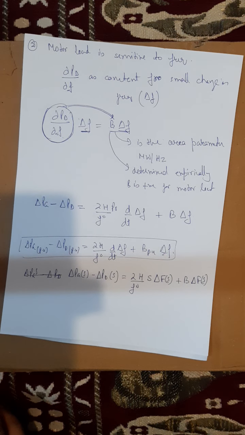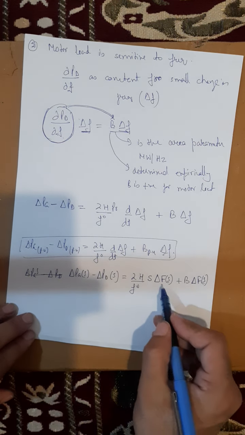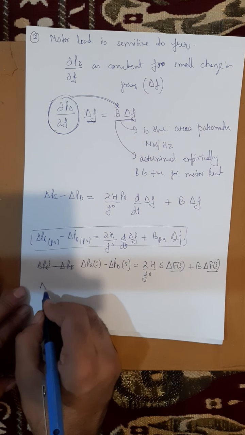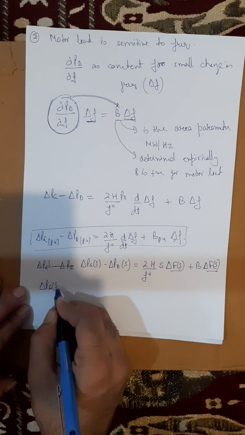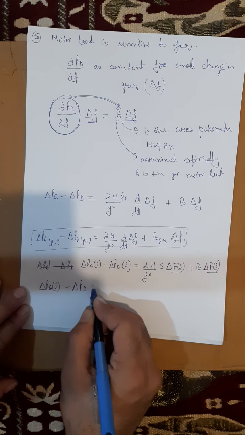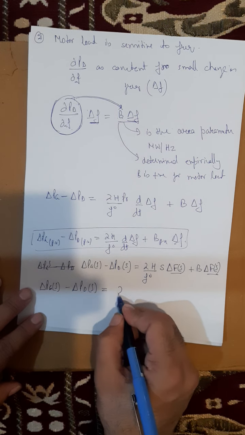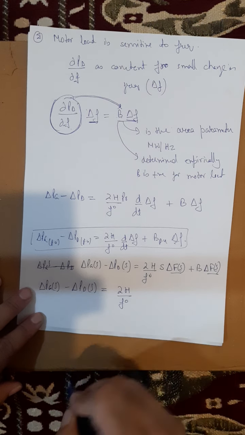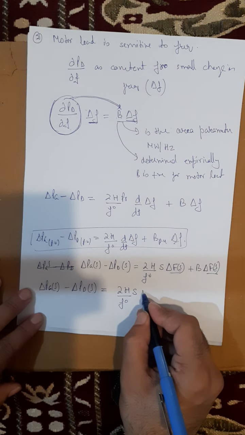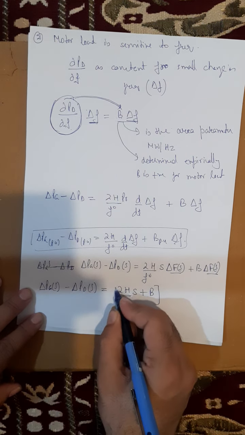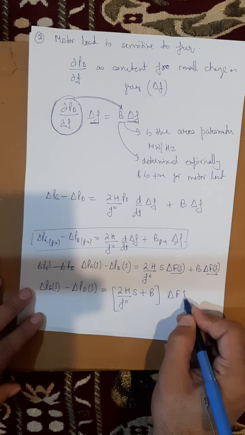So this is the equation. Now take delta F(s) common. So you will get delta Pg(s) minus delta Pd(s) will be equal to twice H divided by F naught into S plus beta, into delta F(s).